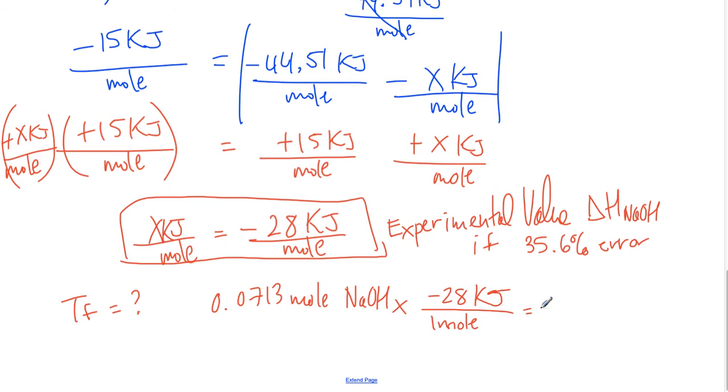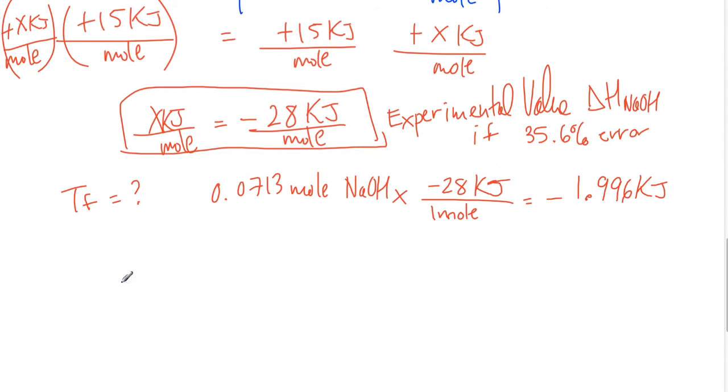So 0.0713 times negative 28 gives us a negative 1.996 kilojoules. Now this in joules is a negative 1,996 joules.